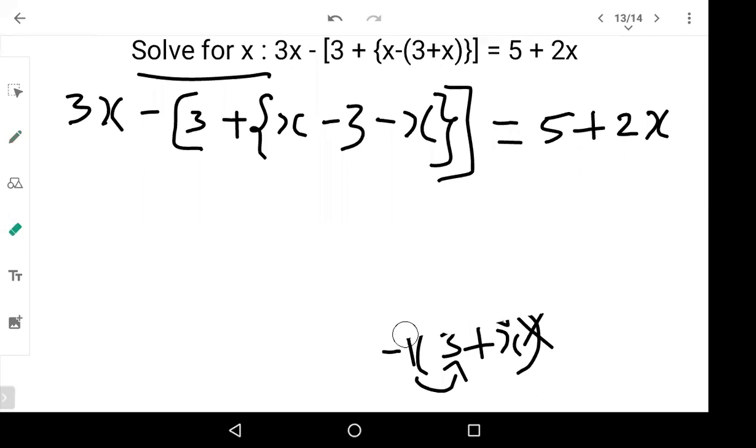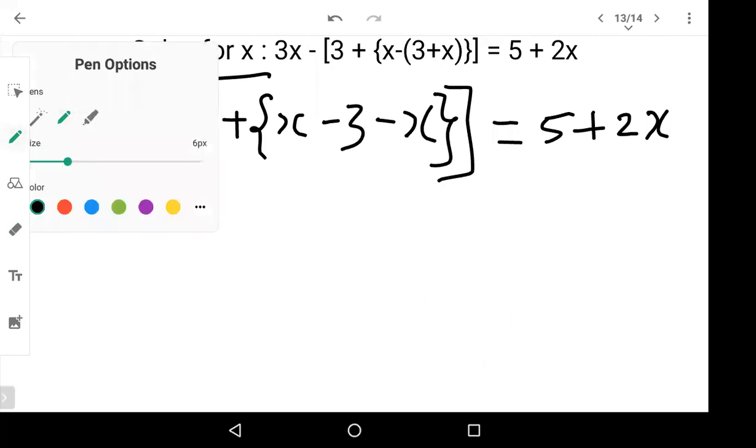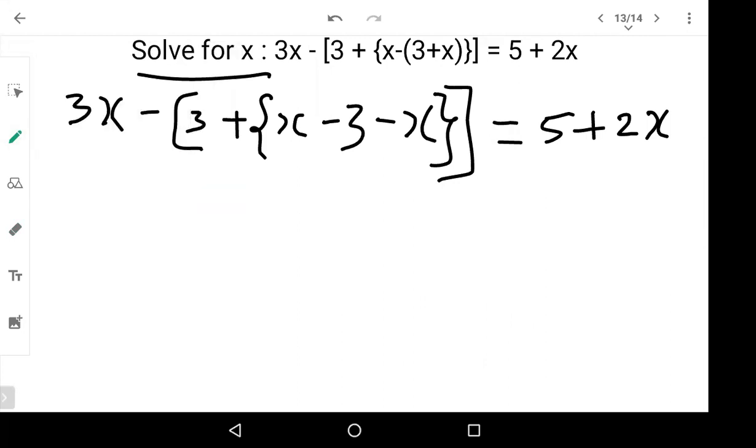That will remain as it is. Next, this was step number 1. Now let me change the color for step number 2. Now for step number 2, we have to remove the flower brackets.